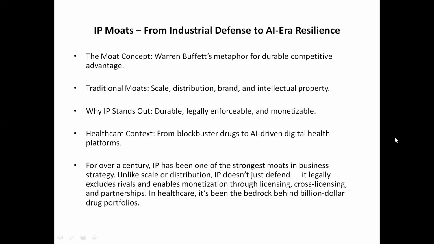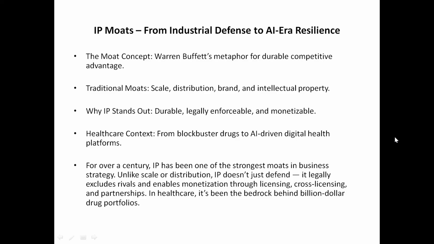So in the healthcare context, from blockbuster drugs to AI-driven digital health platforms, they cover all aspects of healthcare. In a broader sense, healthcare includes all kinds of life science, including biopharma, medical tech, digital health, and other areas of healthcare.